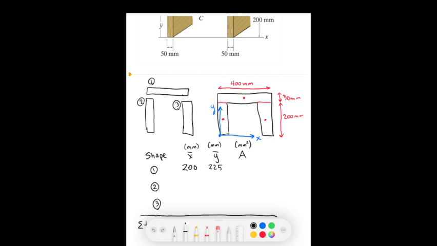To find the area, we multiply 400 by 50, so that area is 20,000. Now we also want to find the product of x bar and the area and the product of y bar and the area. That's simply taking the product of these two numbers. That works out to 4 million.